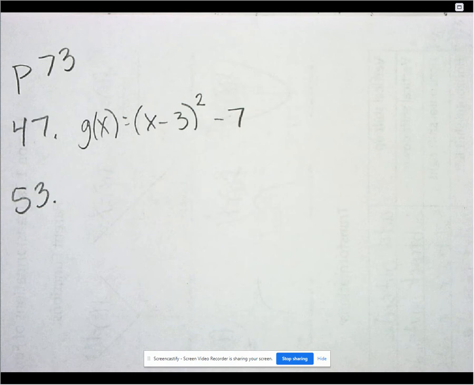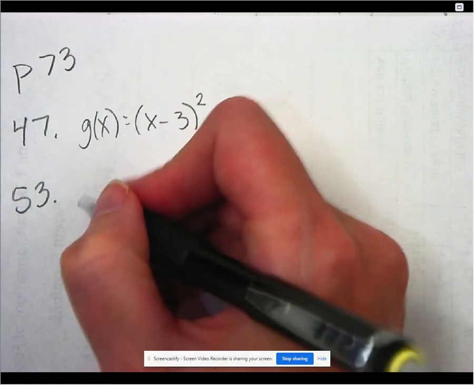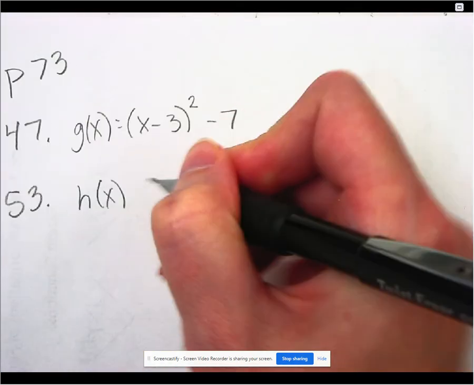All right, and then 53, this function we're going to write is in the shape of f of x equals the square root of x. So it's a square root function. It's shifted 6 units left, reflected on both axes. Okay, so let's call this one h.